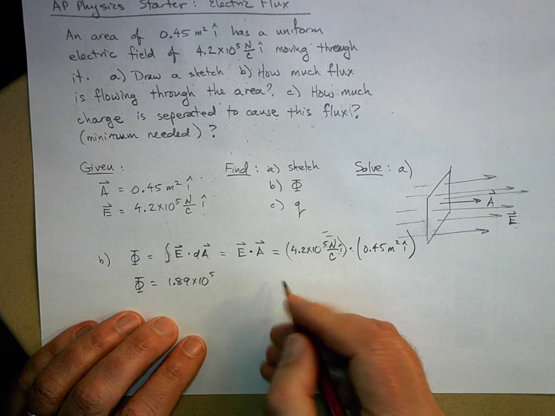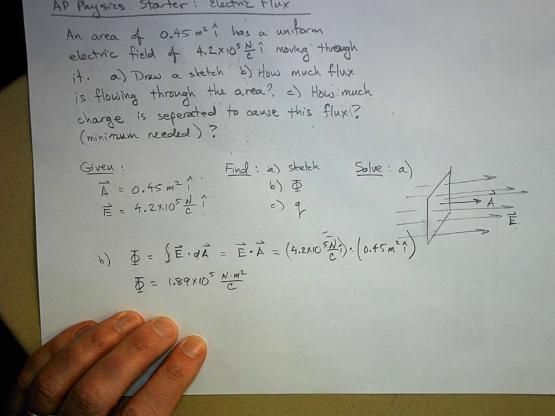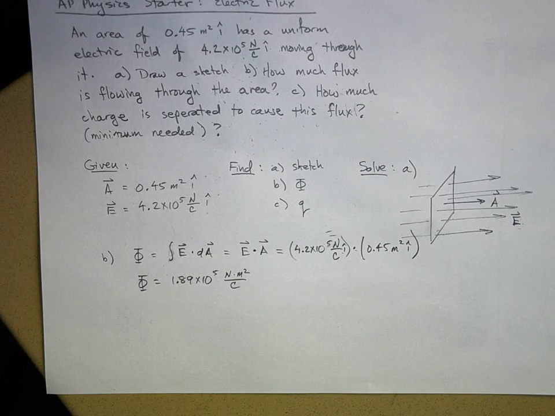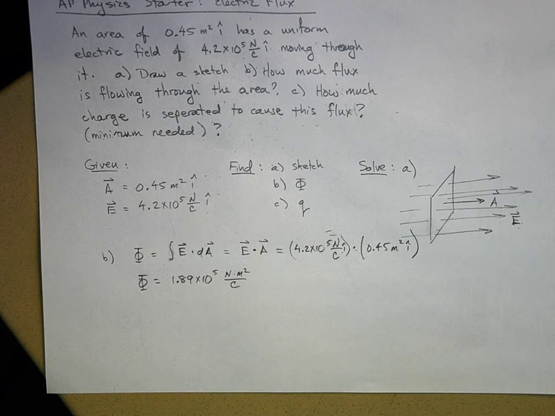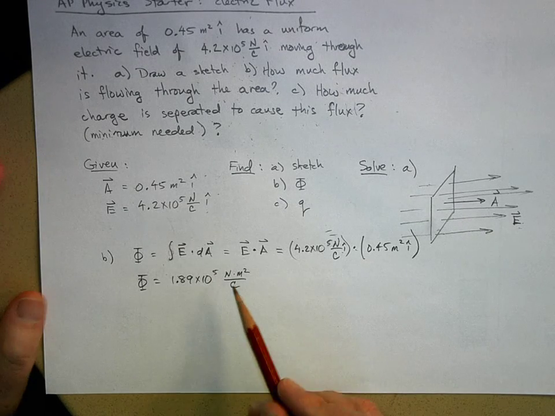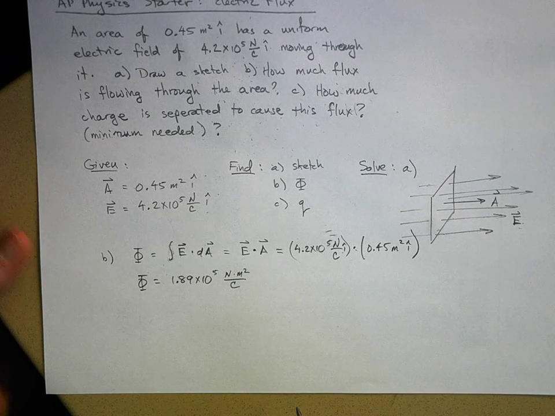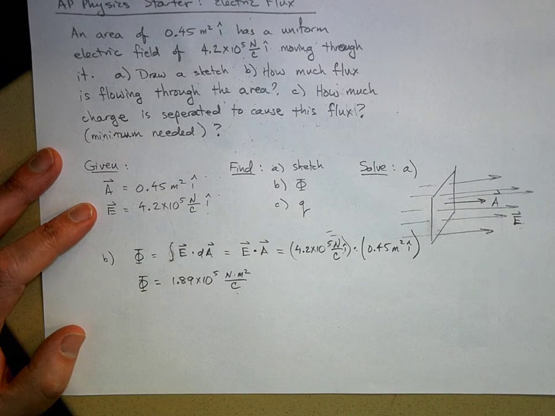And what are the units here? Well, newton meters squared per coulomb. One of the odd things in physics to me is that they don't have a name for this collection of units. That I know of anyway, they haven't honored any scientist with electric flux. So that's where you end it right there.